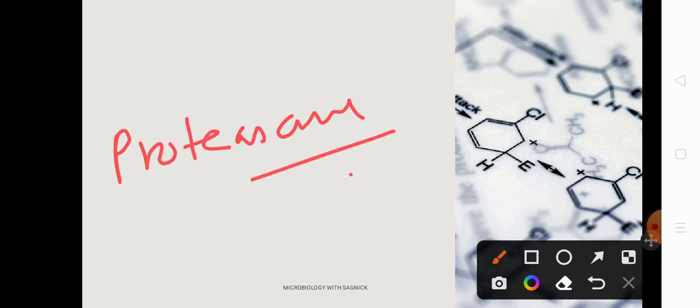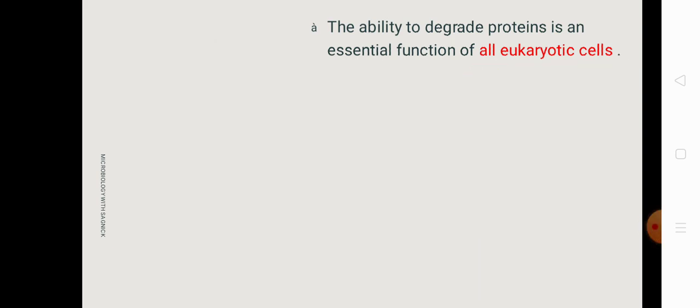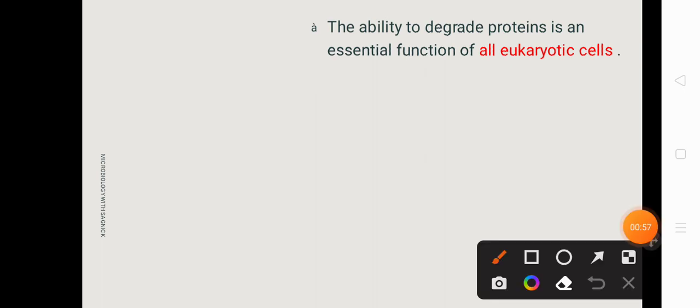Before learning what the proteasome is and its utility in protein degradation, let's talk about some basic things first. The ability to degrade proteins is a very essential function of all eukaryotic cells. In the cell cycle, for example, degradation of proteins is necessary after completion of one step.